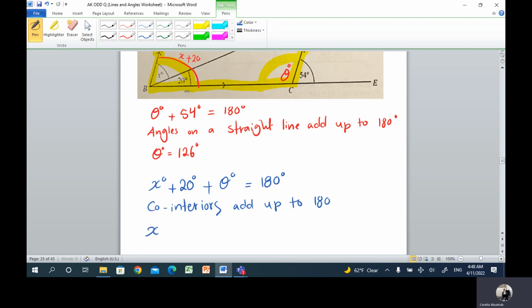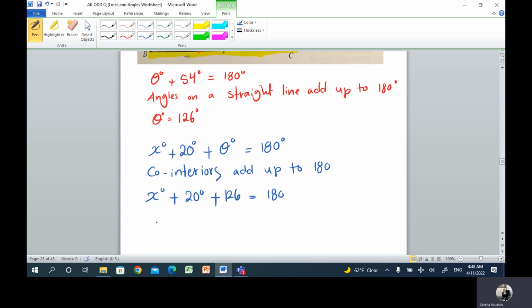And then x is my unknown plus 20 plus the theta, found as 126, equals 180. If you simplify the left side, x plus 20 plus 126, the answer is 146 is equal to 180.